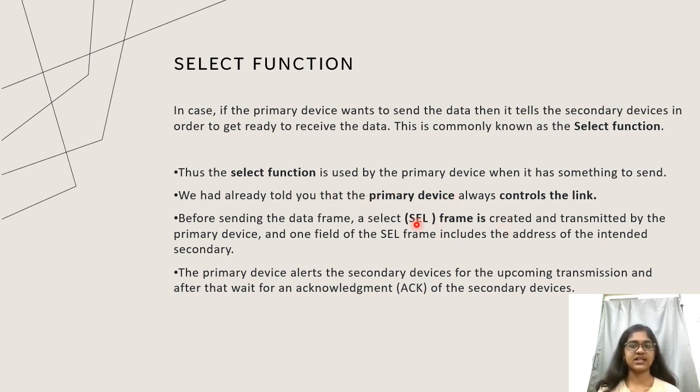That is, a select frame is created and sent to all the secondary devices, and whichever device wants that particular information sends an acknowledgement saying that it needs the frame. And then the information is sent to that particular secondary device and an acknowledgement is received. To understand the select function, imagine a boss giving a heads up to his employees before sharing any important information. It works just like that.